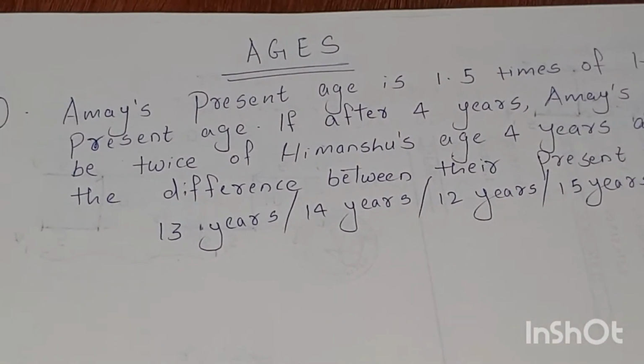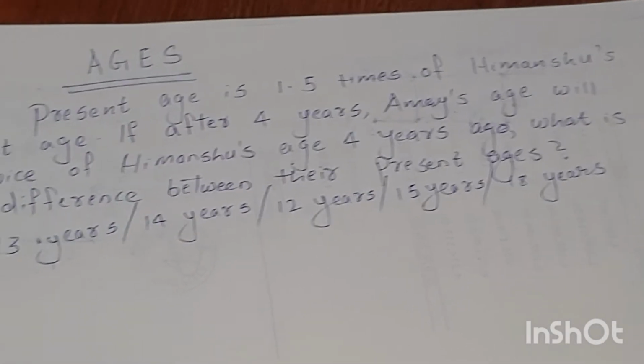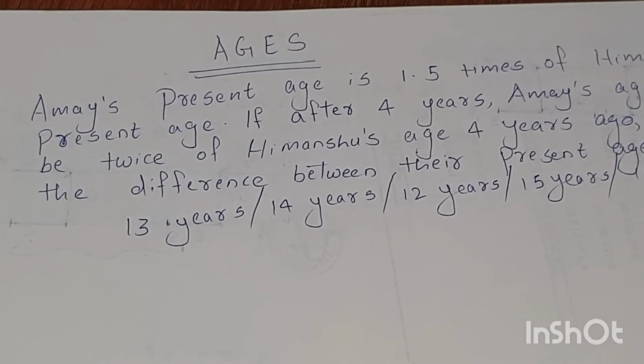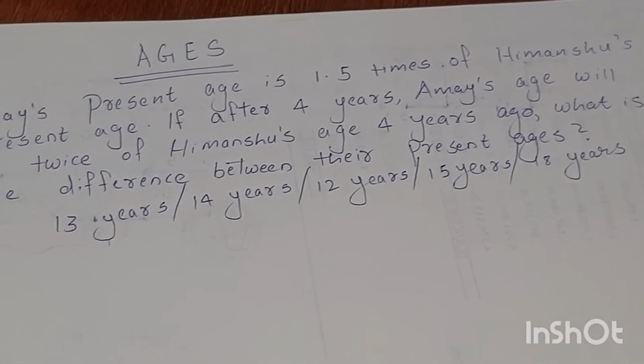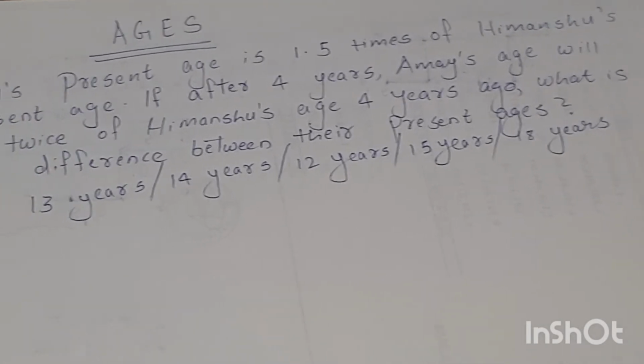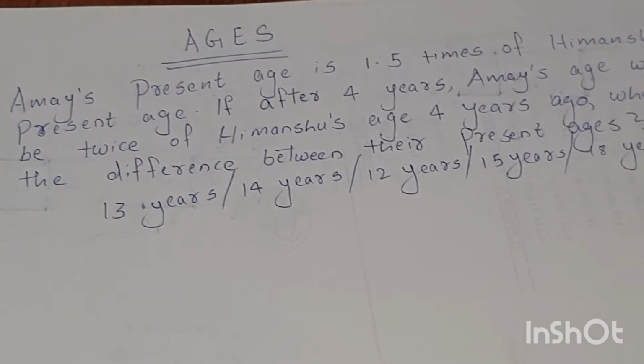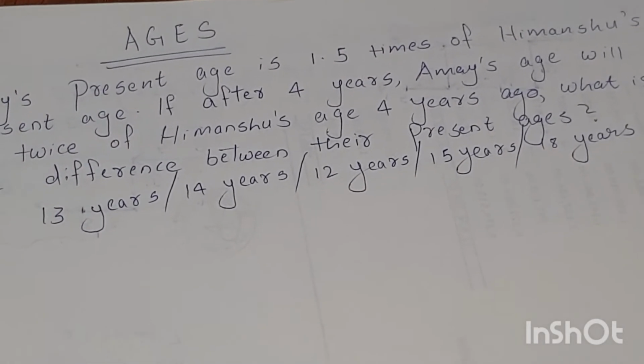The first question is: Amay's present age is 1.5 times Himanshu's present age. If after 4 years, Amay's age will be twice Himanshu's age 4 years ago, what is the difference between their present ages? Options: 13 years, 14 years, 12 years, 15 years, and 18 years.